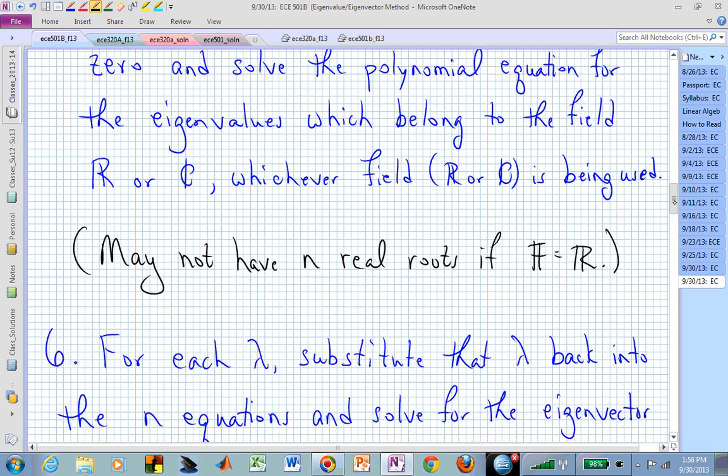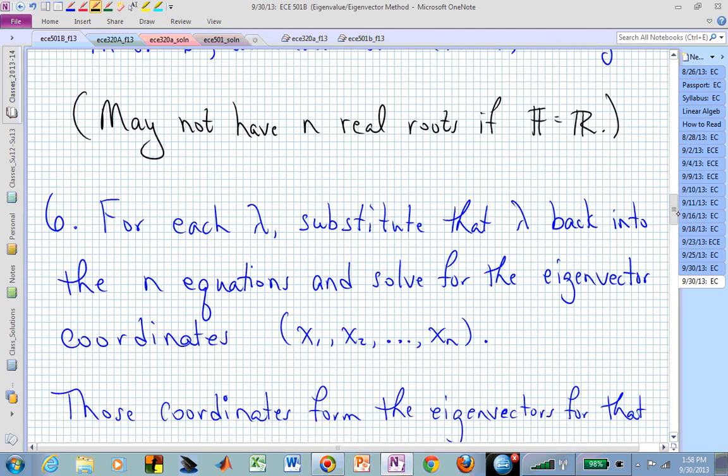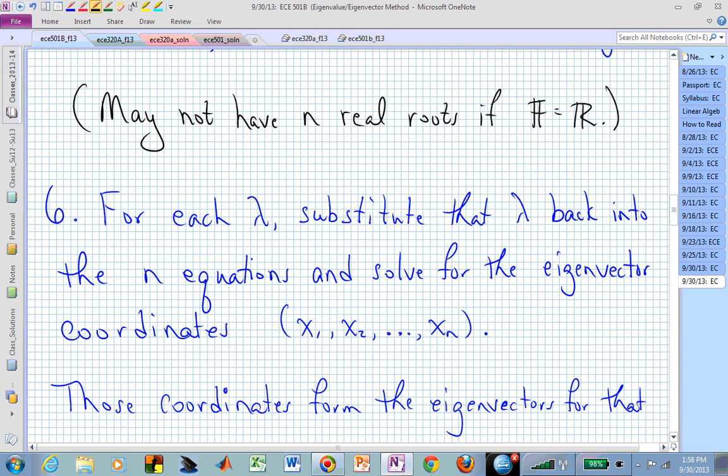Now, for each of those roots, if they exist, we substitute that lambda back into the n equations in the very first step, and now we simply have n equations in n unknowns, and we can solve those because by definition of those lambdas, we've now created a non-trivial null space.